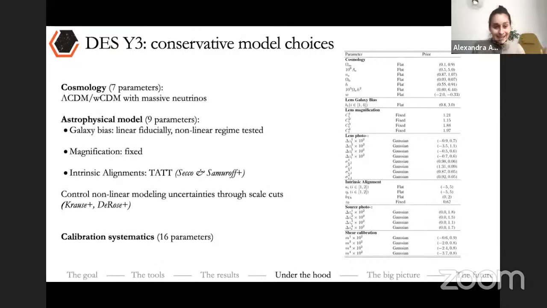We have parameters for galaxy bias, for galaxy magnification, for intrinsic alignment parameters. So overall, we have 9 astrophysical parameters. And we account for nonlinear bias and baryonic effects by throwing out those small scale measurements, as I showed before when we were showing the results. So overall, when we do our MCMC, there's a lot of parameters really to marginalize over.